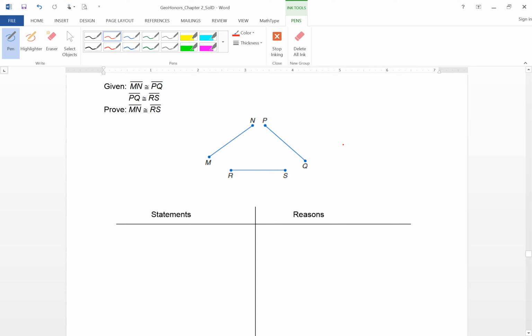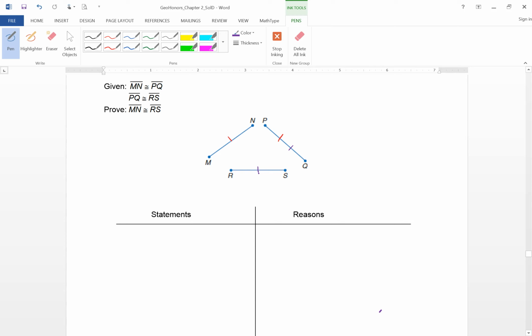MN is congruent to PQ. Fine. Also, PQ is congruent to RS. Okay?